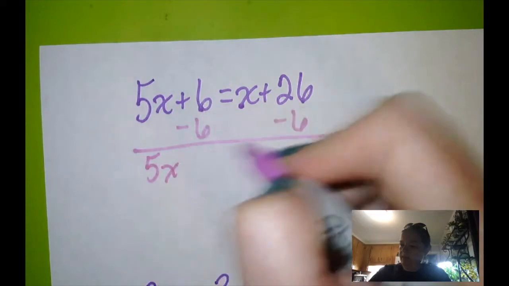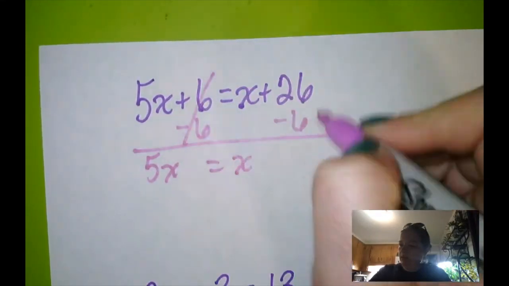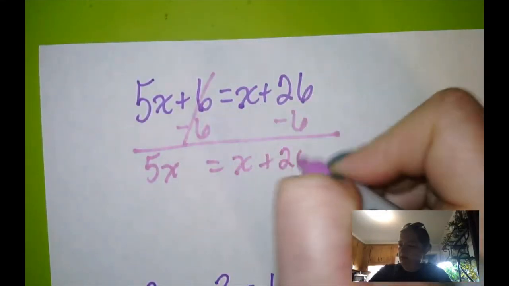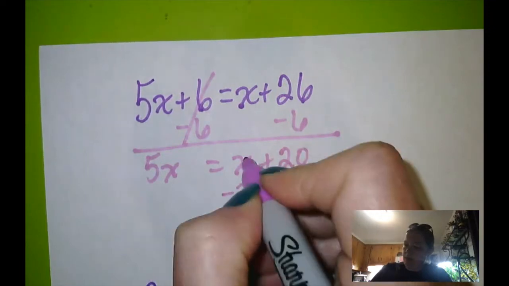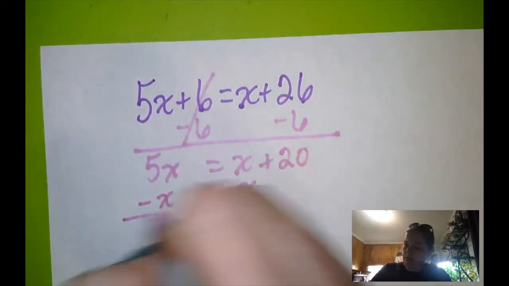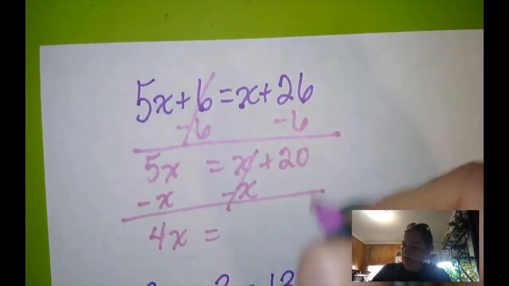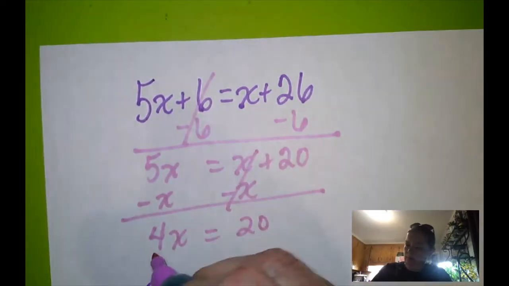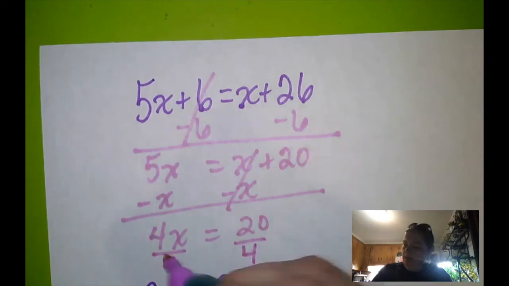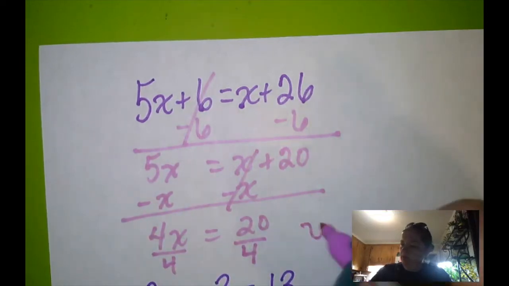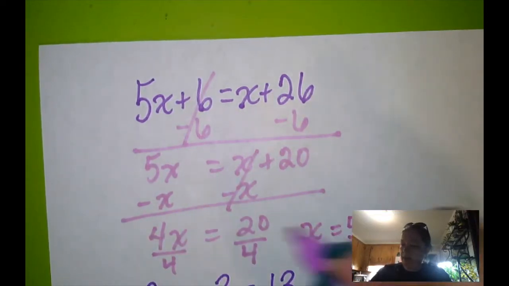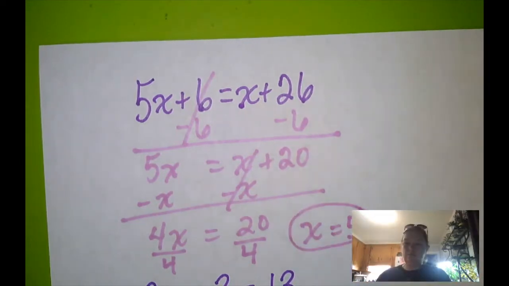I'm left with 5x equals x plus 20. I'm going to take away this 1x right here. And I'm left with 4x equaling 20. And then from here, you guys can see, because I'm dividing both sides by 4, x equals 5, since 4 times 5 equals 20.